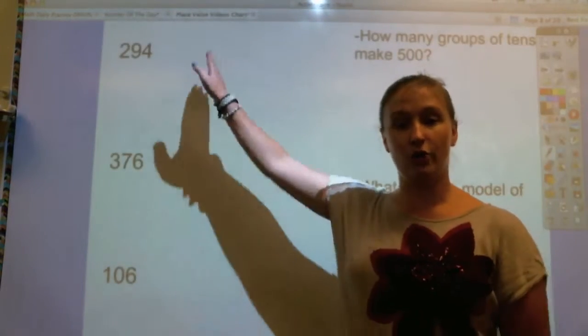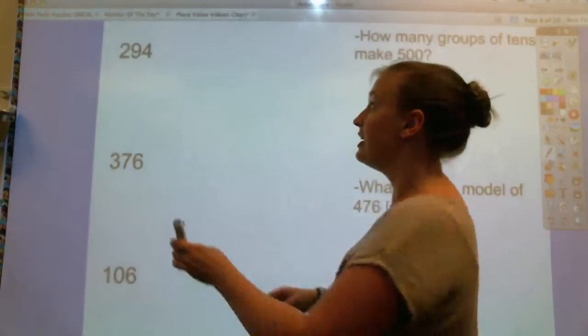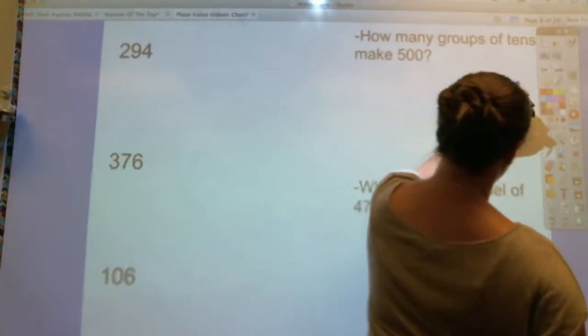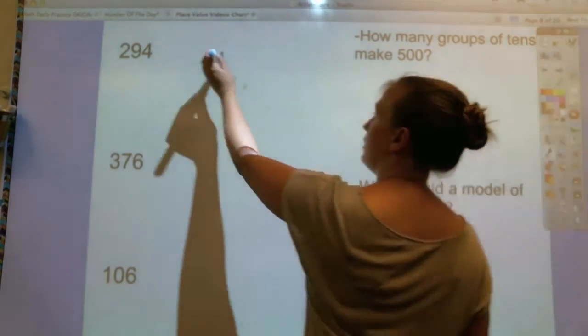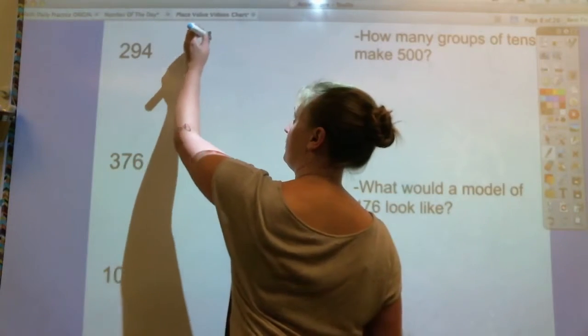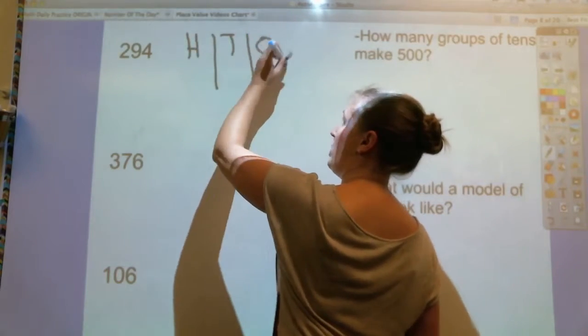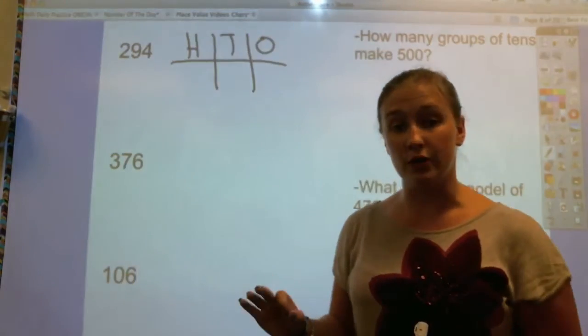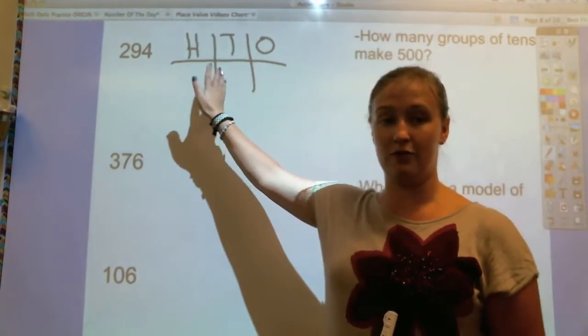Here are your I-dos. What I would like you to do on this page is make your place value chart, hundreds, tens, and ones, with the model of your number.